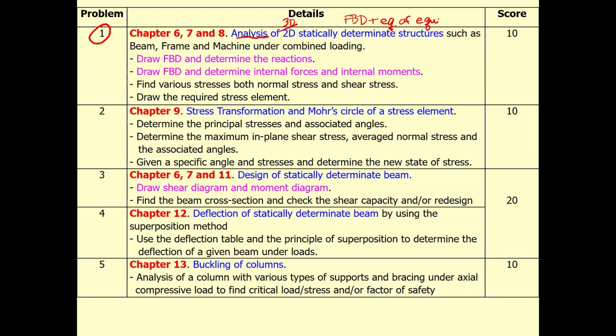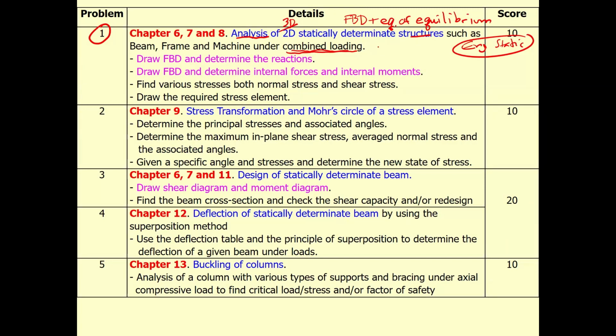And Ajahn also assigned you to go back to engineering statics and review what you have learned from that course, so you should be able to analyze this kind of structure under combined loading. What is the combined loading?